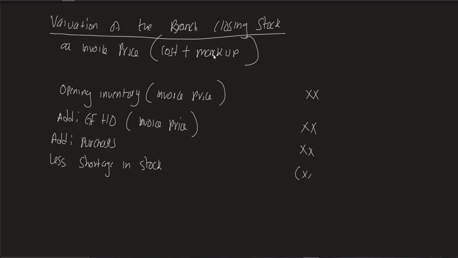Go ahead and less it there. And then we go ahead and less cost of sales. We less the cost of sales, and from there we'll have the closing stock right there.